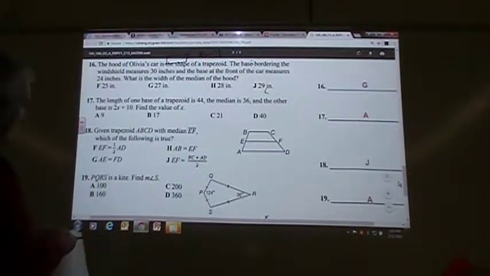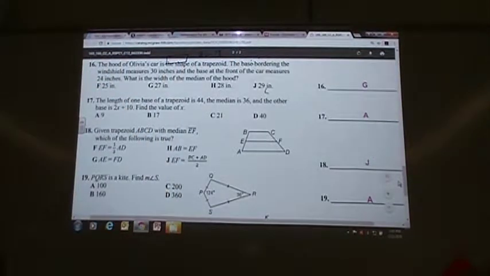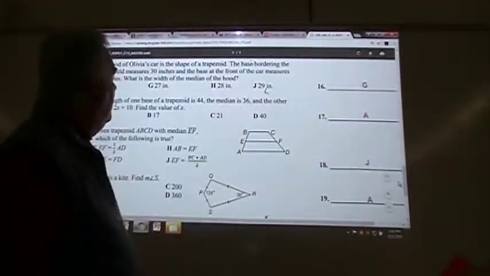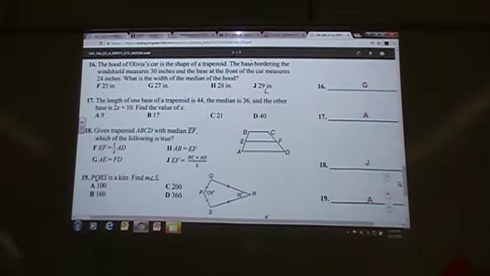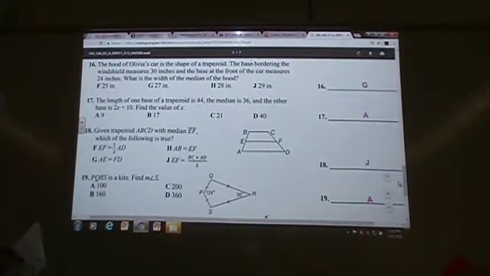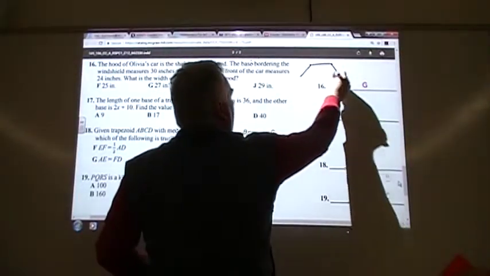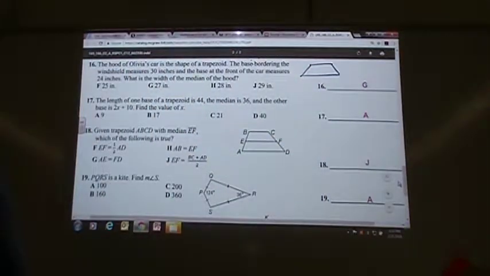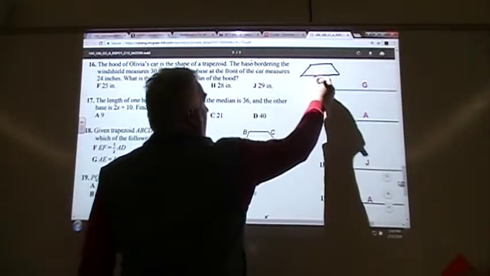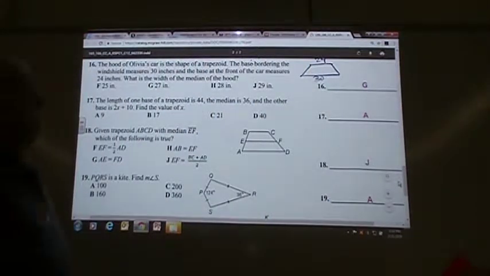Okay, 16, 17, 18, and 19, the last four. Okay, 16, word problem about Olivia's car, shape of a trapezoid, the base bordering the windshield measures 30, front of the car measures 24. It might help to make a little visual of a trapezoid, and we've got 30, we've got 24. What's the width of the median?